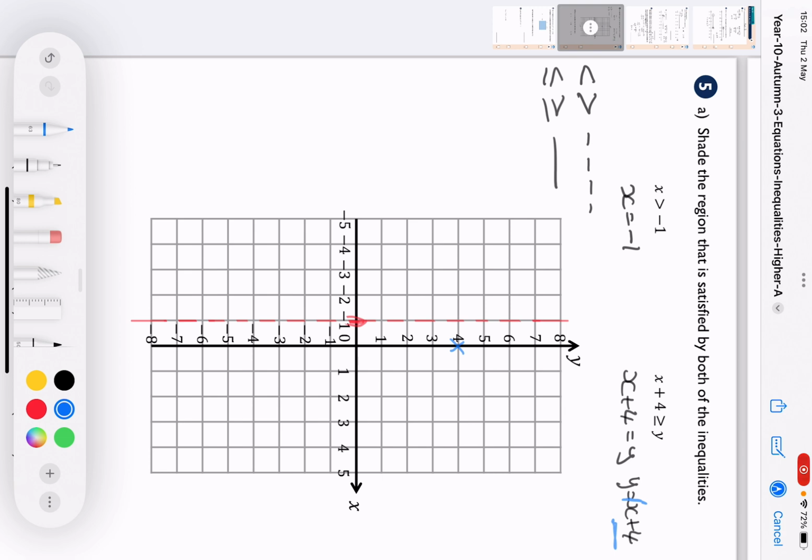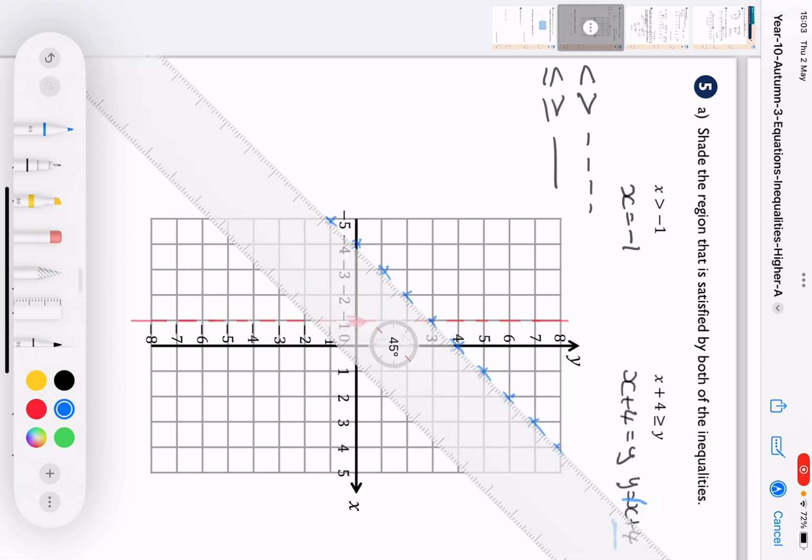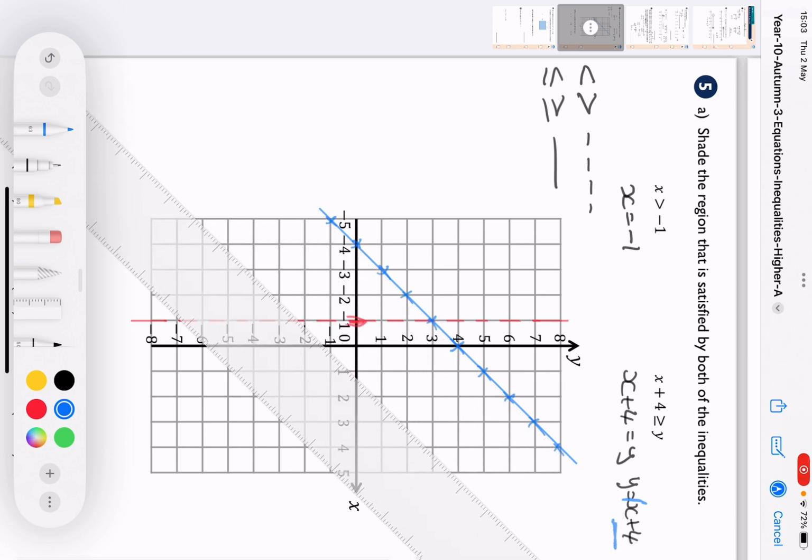It has a gradient of 1, which is 1 across and 1 up. So this line, and it will go backwards the same, all the way back, like this. You could check it by substituting values in if you wish. And that is the line y equals x plus 4, x plus 4 equals y.